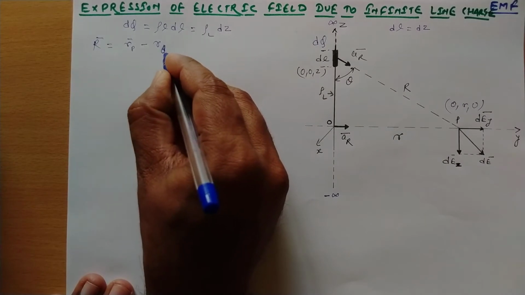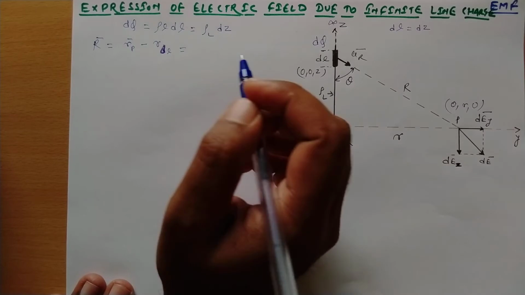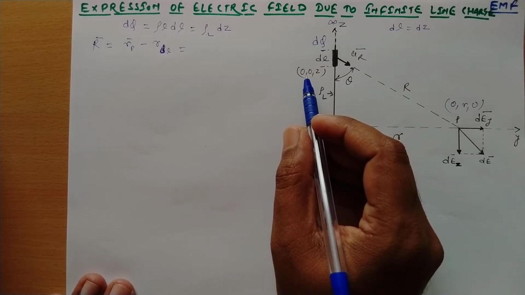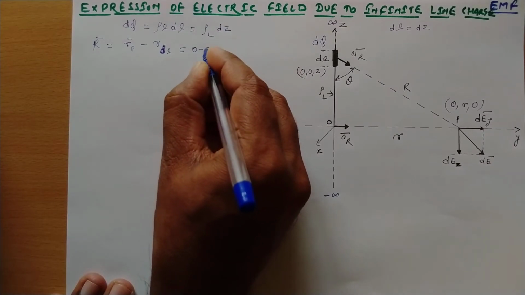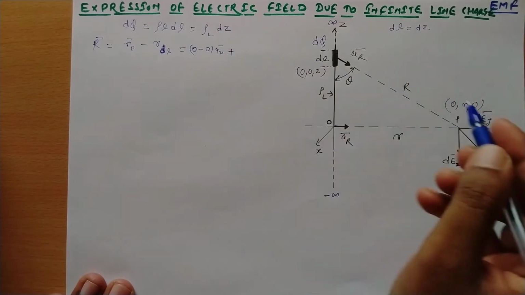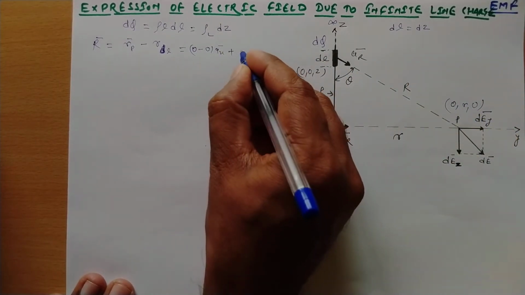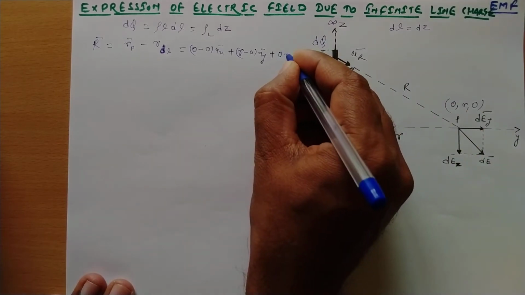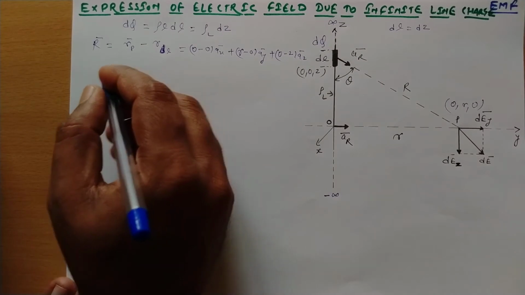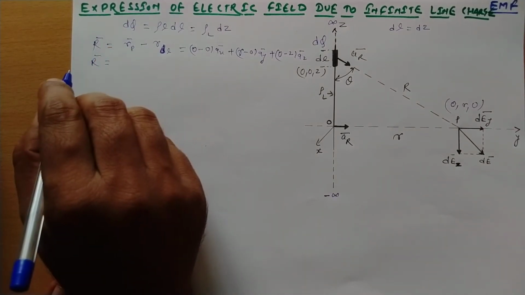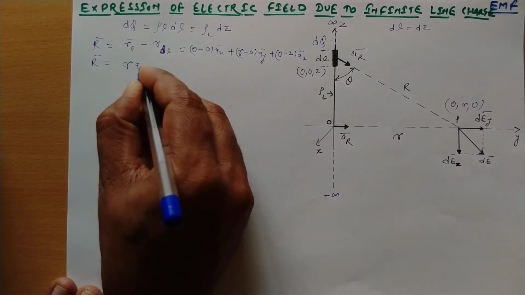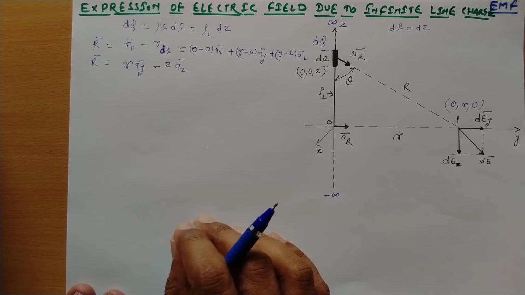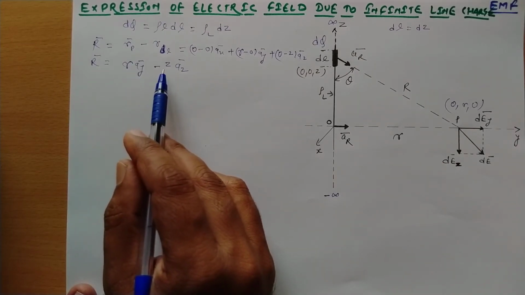So it is given by 0 minus 0 into a x, plus r minus 0 a y, plus 0 minus z a z. Because the first term becomes 0, the position vector we have found is r a y minus z a z.